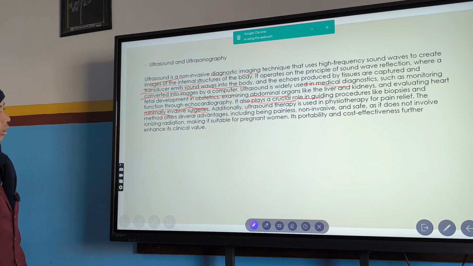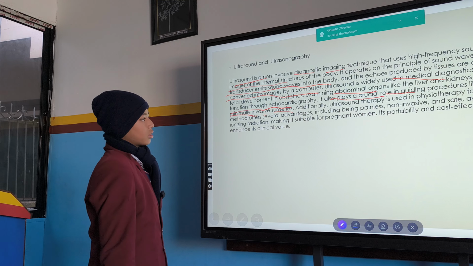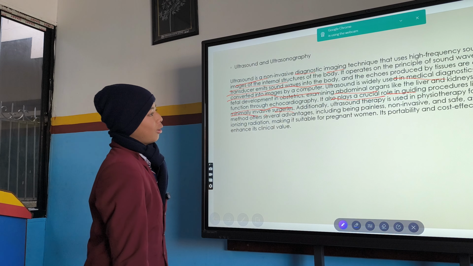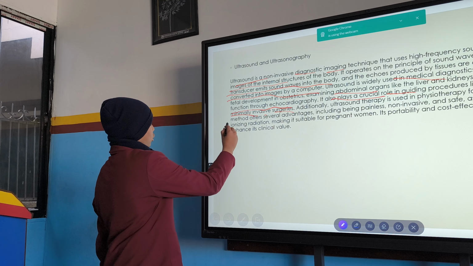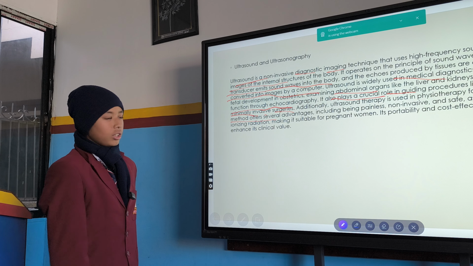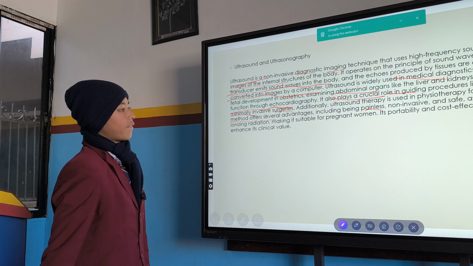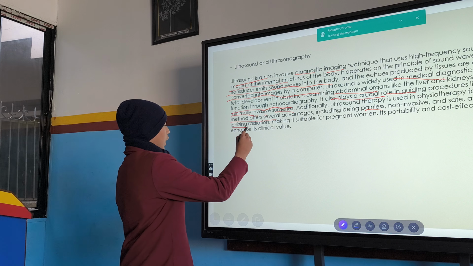Additionally, ultrasound therapy is used in physiotherapy for pain relief.